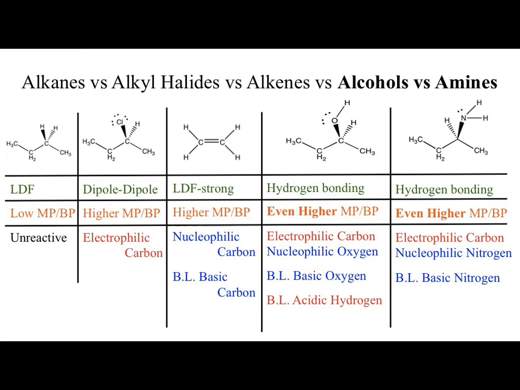We looked at this on Monday, kind of summarizing all the possible interactions that we could get with all these new functional groups. Of primary concern for this next section is looking at our alcohols, and in particular, we're going to be focused on the electrophilic characteristics of our carbon and the nucleophilic characteristics of our oxygen. Those two are going to play a huge role in this.